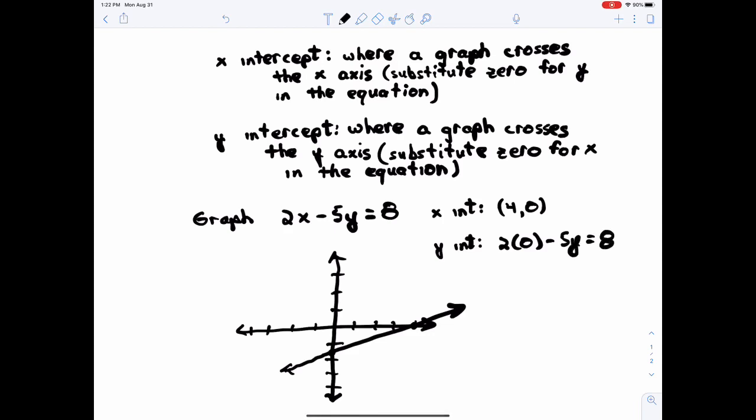And what happens to the term that had the x? It becomes 0, and it essentially just goes away. And you have negative 5y equals 8. Solve for y, and you get y equals negative 8/5. And then write it as a point. So we have (0, negative 8/5).